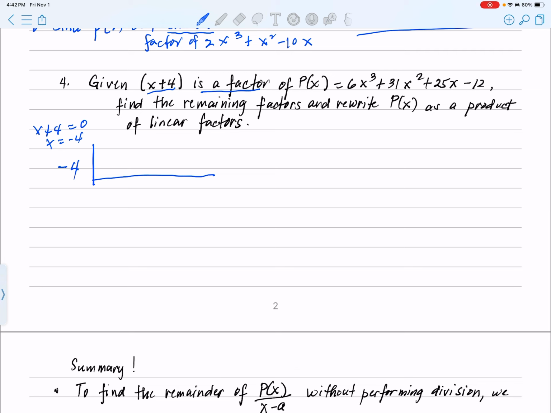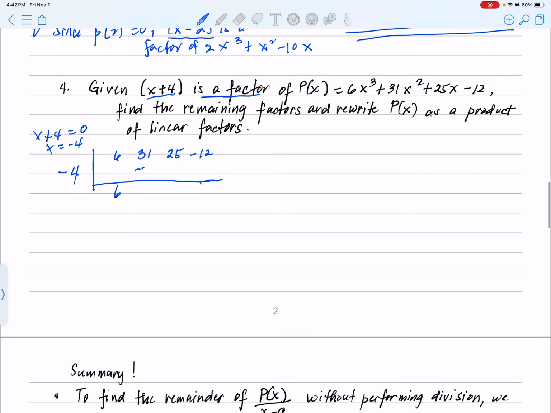Okay. So the first coefficient is 6. Then we have 31, then 25, then negative 12, our constant. Bring down 6. 6 times negative 4, that's negative 24. 31 plus negative 24, that's 7. 7 times negative 4, that's negative 28. 25 plus negative 28, that's negative 3.